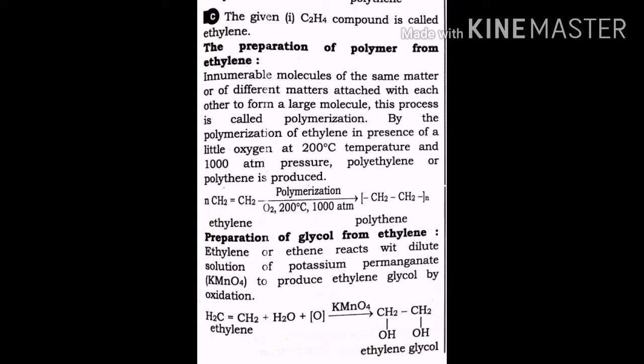Preparation of glycol from ethylene. We already discussed this reaction in our lecture in chapter 11. CH2=CH2 with nascent oxygen, which comes from KMnO4 in the presence of potassium hydroxide, produces ethylene glycol, CH2OH-CH2OH. You have to memorize that the bond of carbon and oxygen should be given in the reaction.